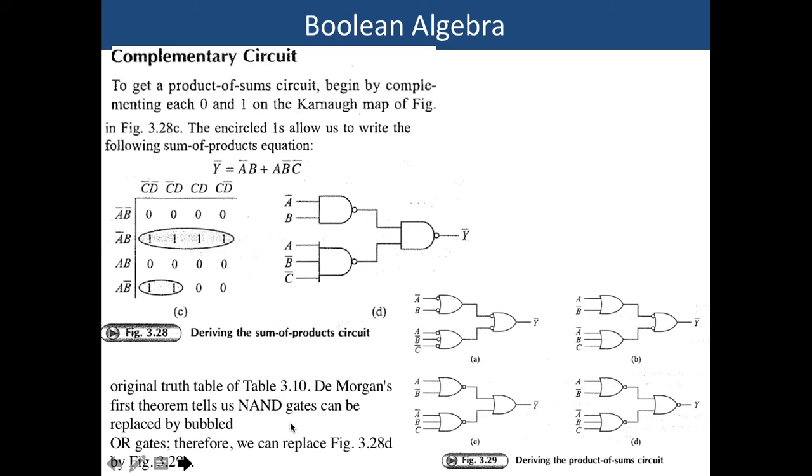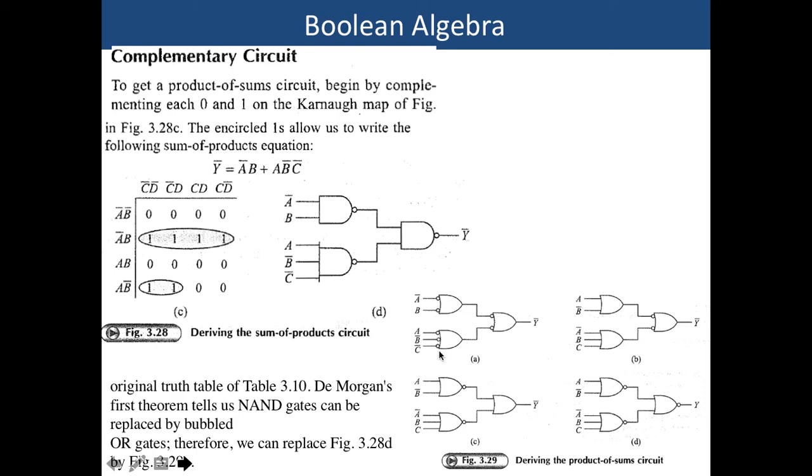Therefore, we can replace this figure 3.28 with 3.29. So this is the first, second, third, and this is the final. So this NAND gate will convert into the NOR gate.